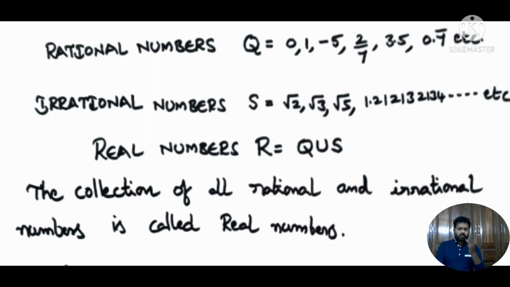Irrational numbers, examples are root 2, root 3, root 5, 1.21, 213, 2134, etc. Rational numbers are 0, 1, minus 5, 2 by 7, 3.5, 0.7 bar, etc. The combination of these two, rational and irrational, is called real numbers.